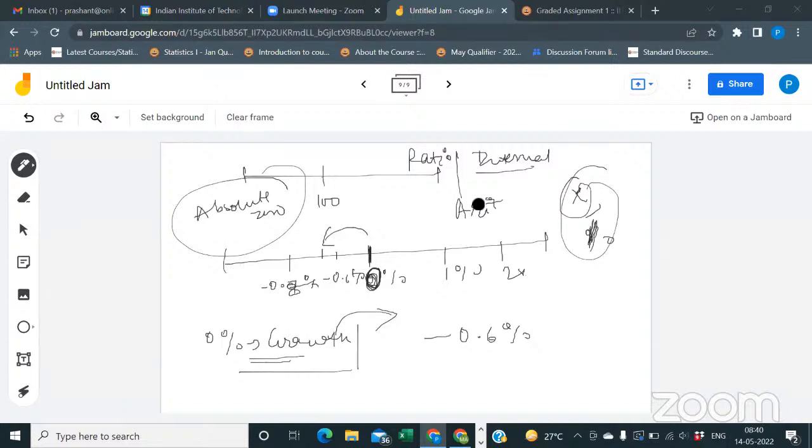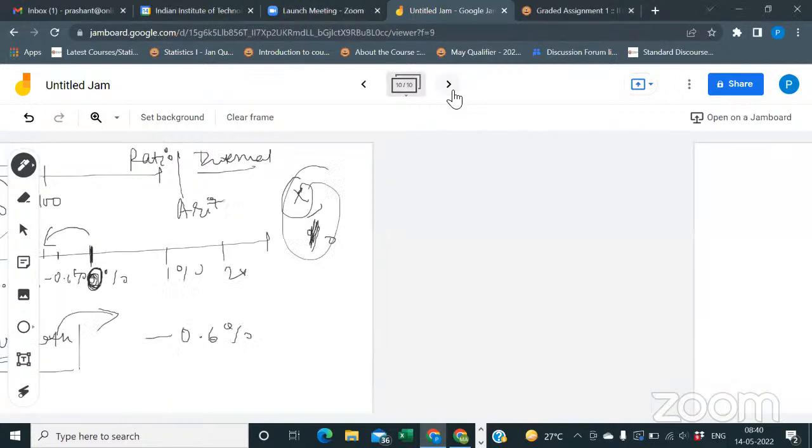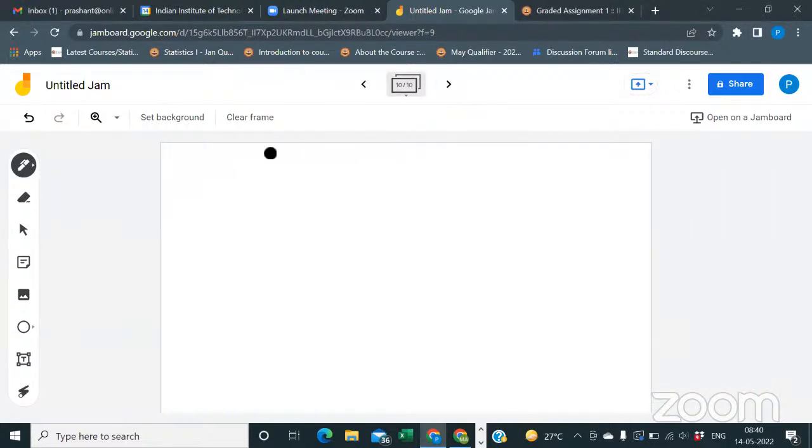Sir, actually I am confused, because I also read other material, and there is no clear definition that minus measurements cannot be included in the ratio scale of measurement.